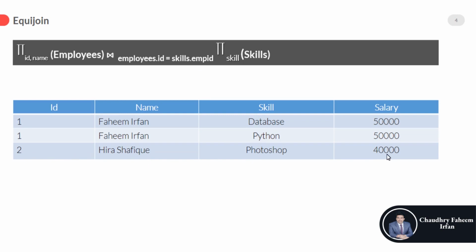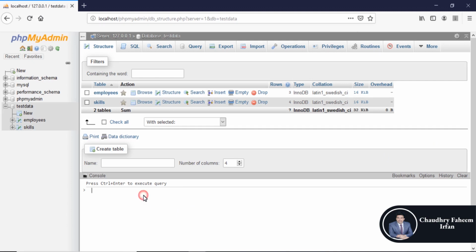And now we are going toward implementation. So select ID attribute, name, skill, and salary from employees table, inner join skills on employees.id is equal to skills.employee id.